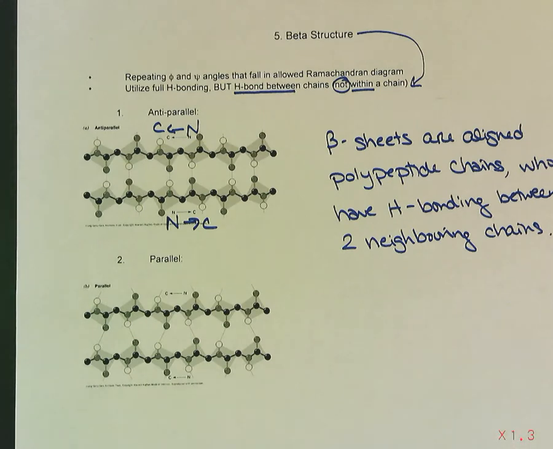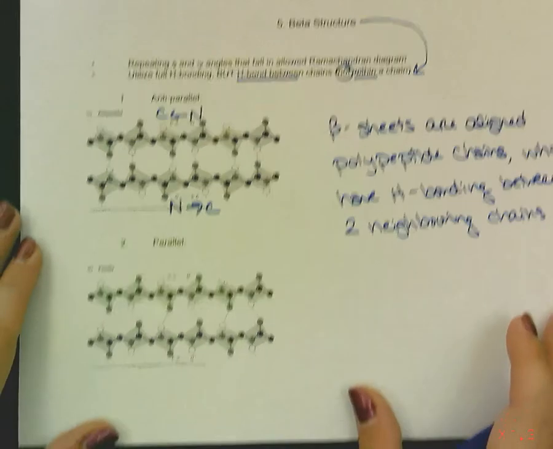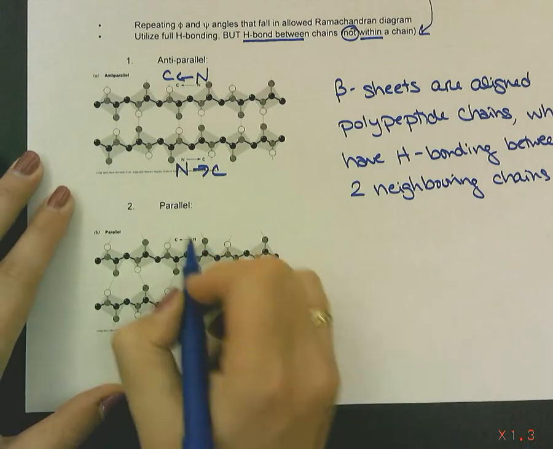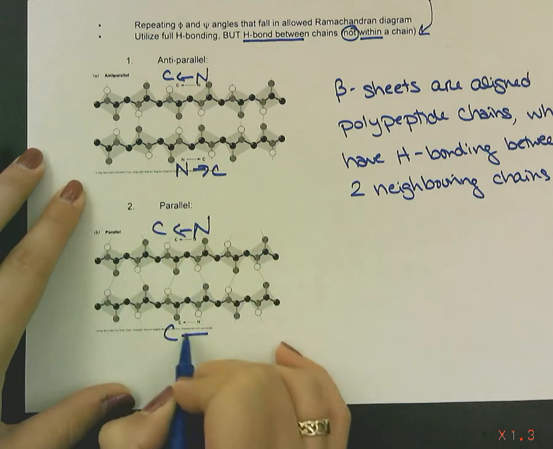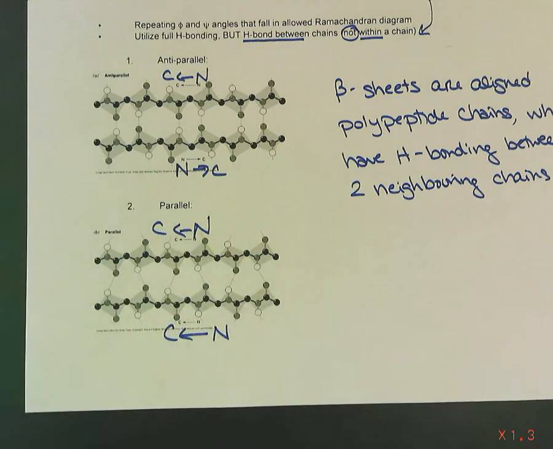So they're facing different directions. Any guesses on what happens in the parallel chain? They both go in the same direction. In this case, they've drawn them going this way. Depending on how I line them up, the hydrogen bonds will line up differently.